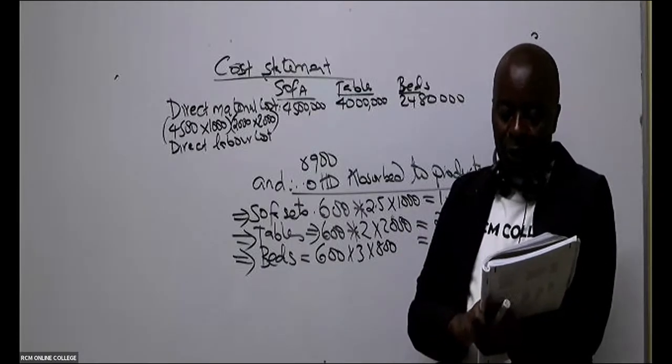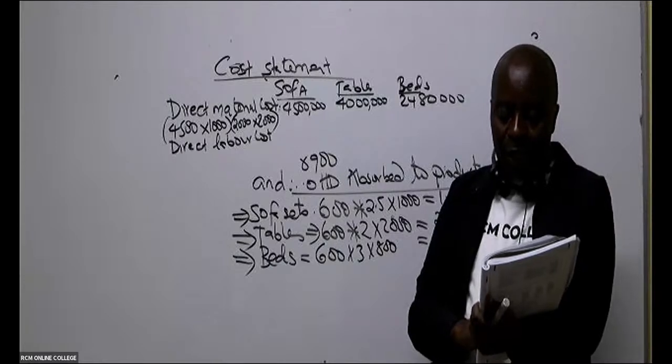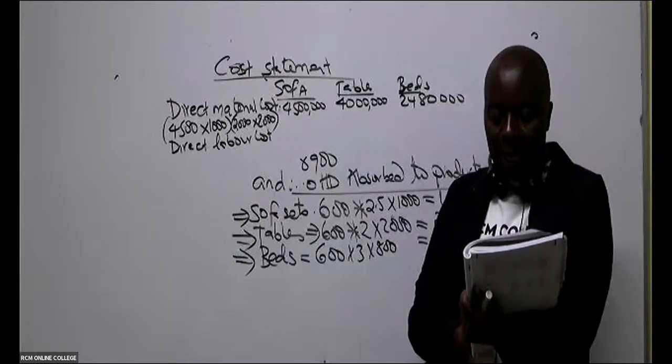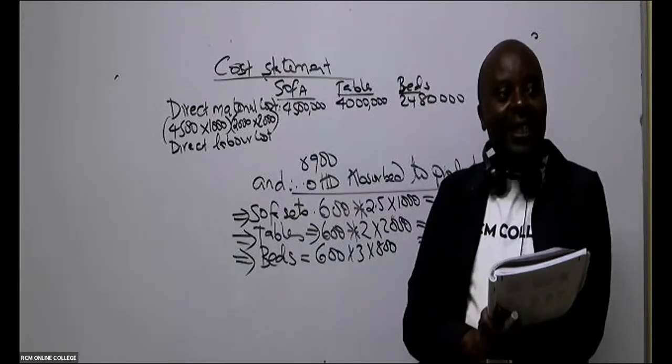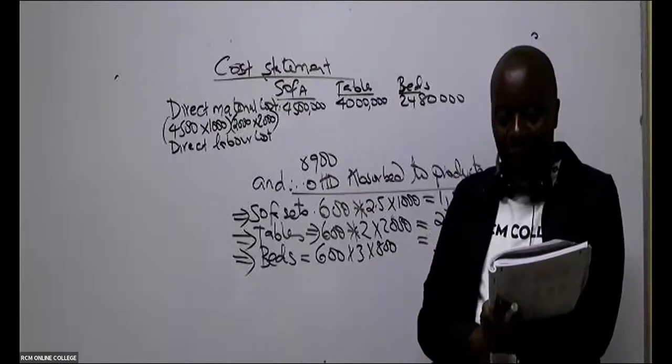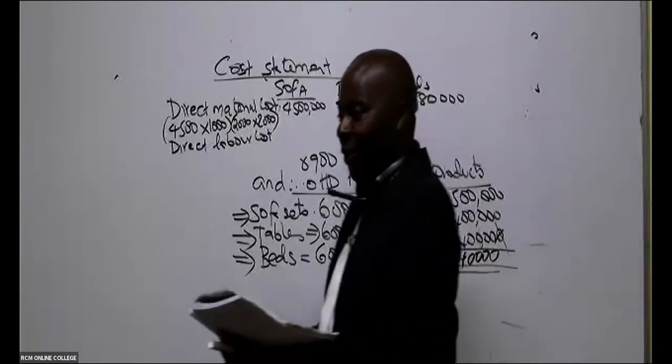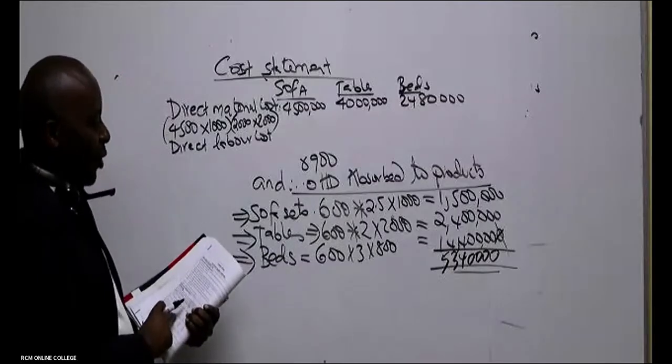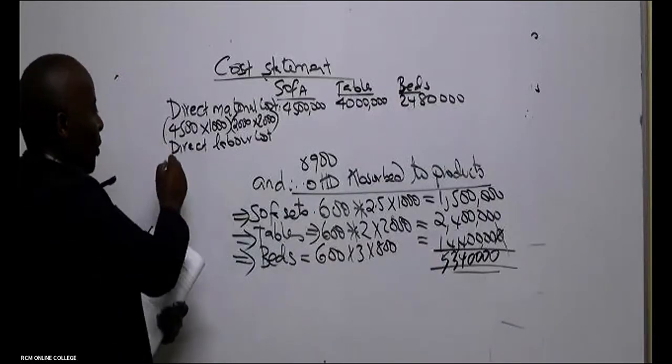Now, my good students, are you able to see what is the direct labor cost per hour? We have 1,000. Is that okay? It is at the very bottom. Direct labor cost per hour, we have 1,000.